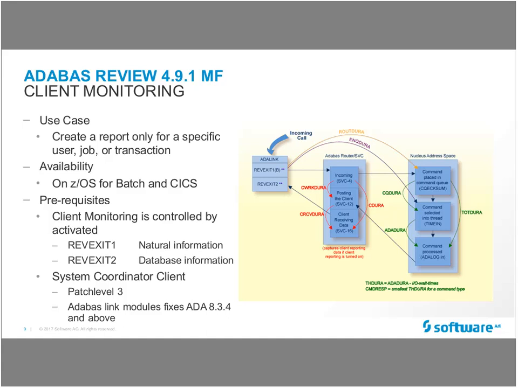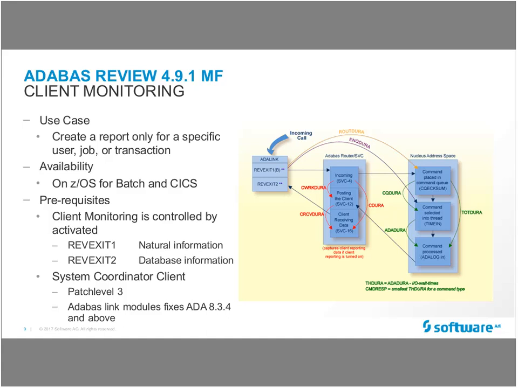It's available on COS for batch and CICS. We have prereqs, of course, but the first one is not really new because we need Review exit 1 in order to get Natural information, and we need the exit 2 in order to get the database information.